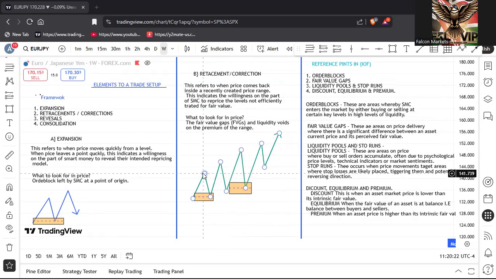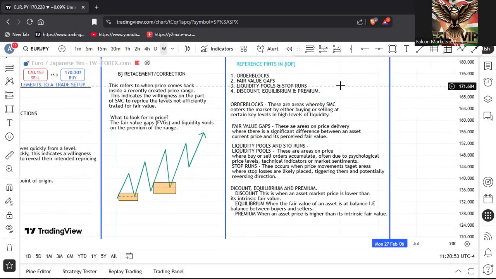For example, from points A, B, C, and D, the premium point is point C because we get our quick retracement from point B to C. So this is 0 and this is the 100% point, and this is our premium array. The same applies to this one. This is our premium point because we are in an uptrend.